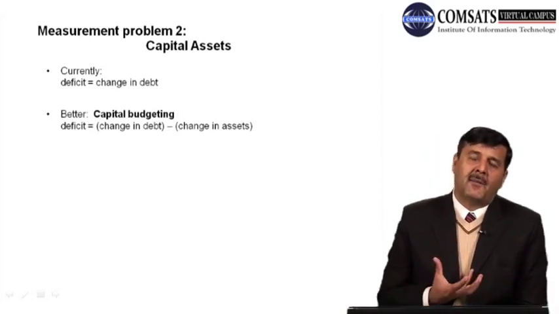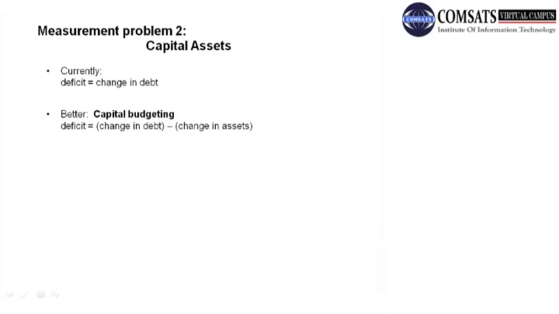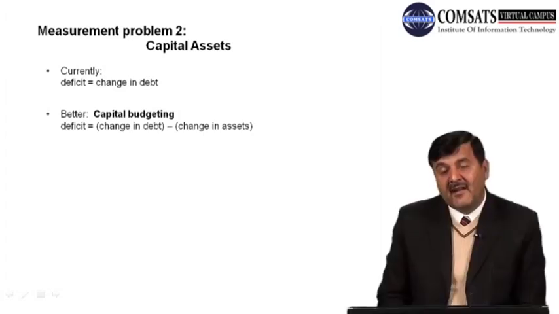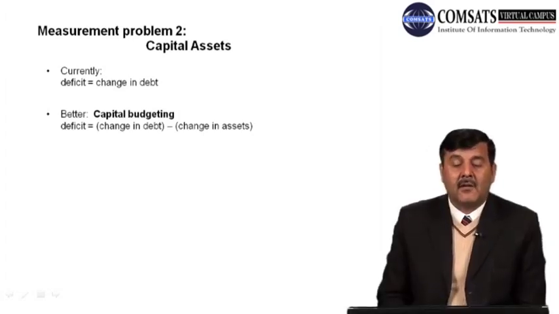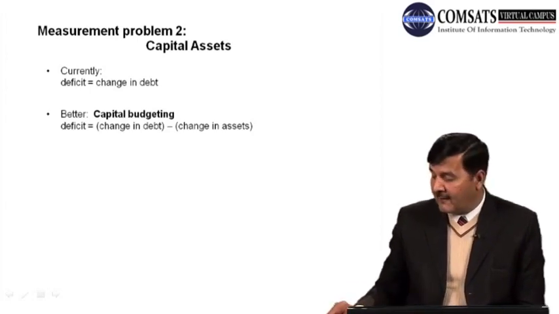जैसे कि हमने definition में बताया कि deficit को change in debt से कैसे मेजर करते हैं, over the time debt में जो तब्दीली आती है, that is known as the deficit of the economy, or deficit in budget. But capital budgeting says that deficit is equal to change in debt minus change in assets. So you should include the change in assets while calculating deficit by capital budgeting.